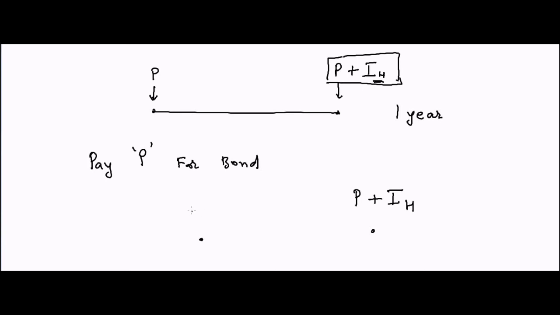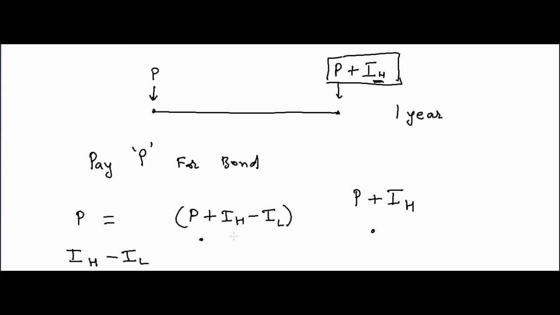However, for now you don't have to pay P for that. You have to pay P plus IH minus I low, because the interest rates are low now, so you have to pay less interest. But you bought it for P. So if you do the math, you made money equal to IH minus IL.